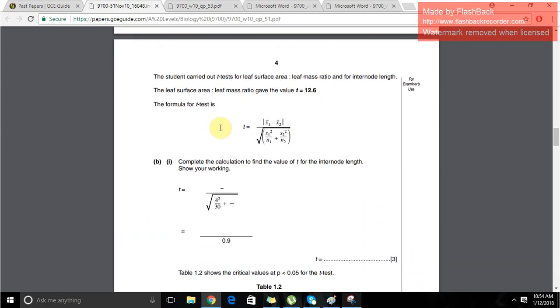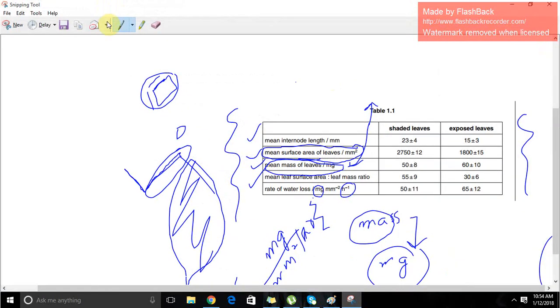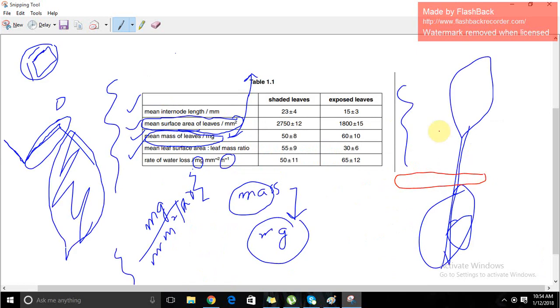So the student carried out a t-test for leaf surface area to leaf mass ratio and for internodal length. What were the t-tests carried out for? On these two, and in these two. And what does the t-test do?